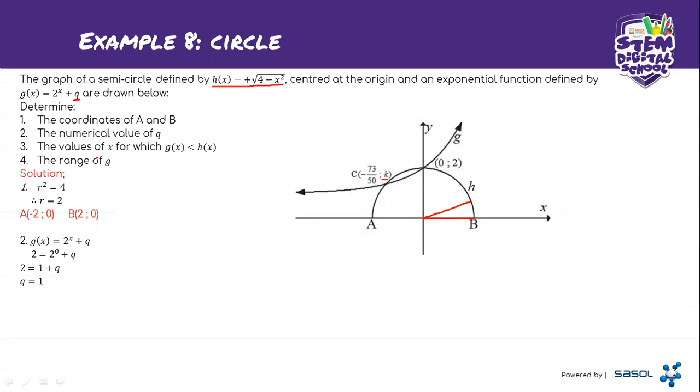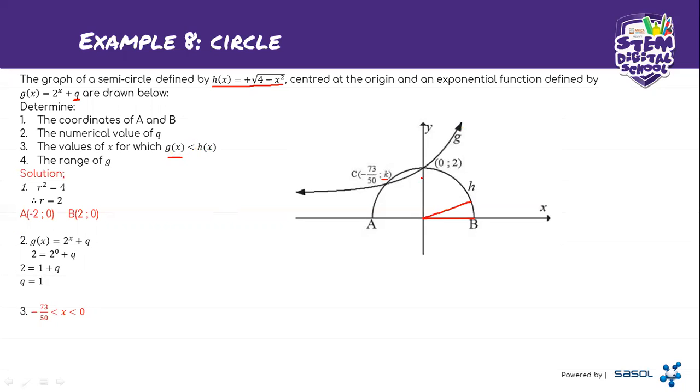The value of X for which G of X is less than H of X. Let's see the answer. So how do we answer this question? G of X is less than H of X. For G of X to be less than H of X, the graph of G of X must be below the graph of H of X. Now let us look.